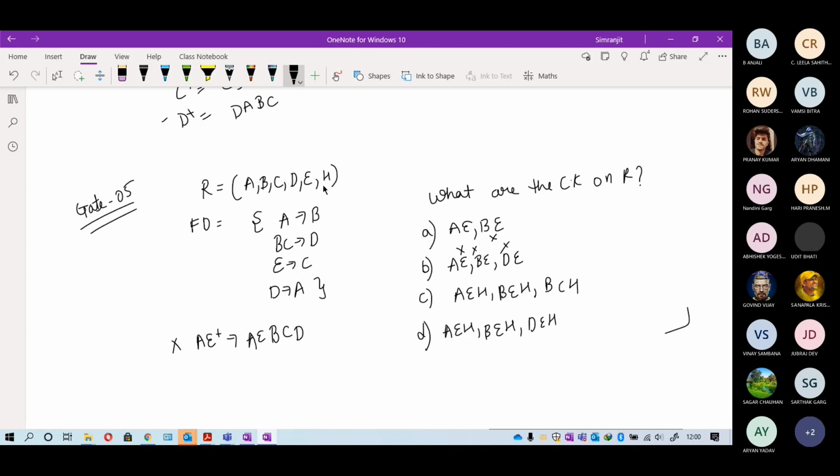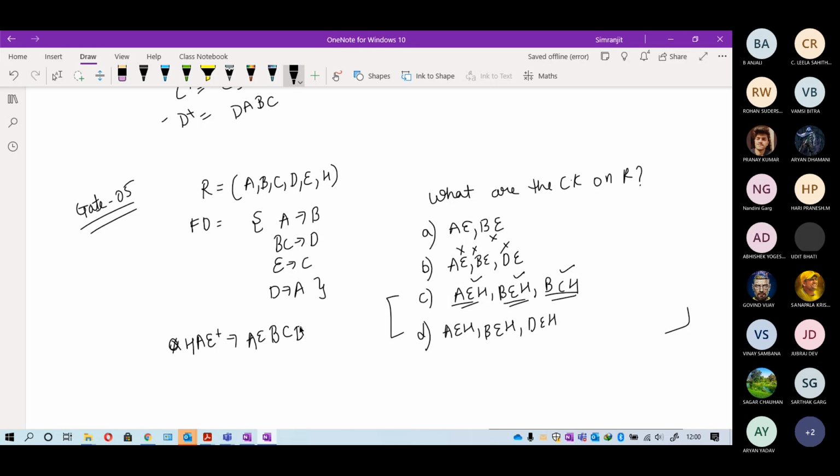You will only get H if H is a part of the key. So we see here there is an H, so that can be a key. BEH is also there, that can be a key, but since both of these are the same, the answer will be around both C and D. Okay, we already know that we have found out AE.